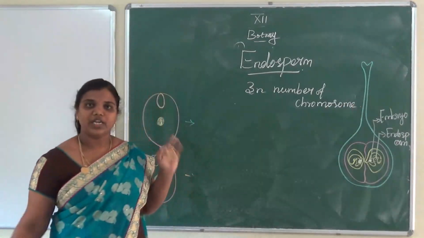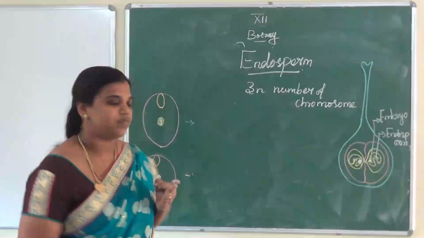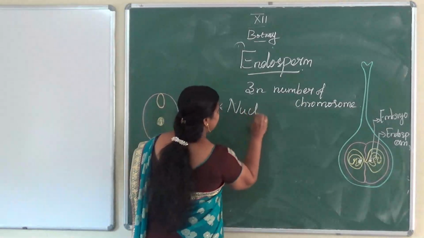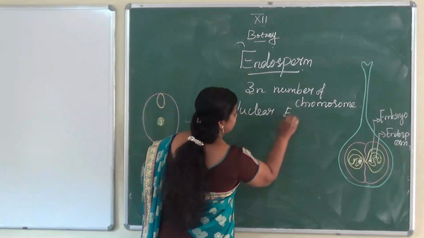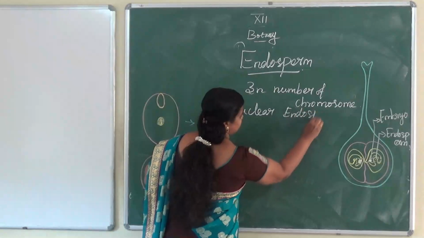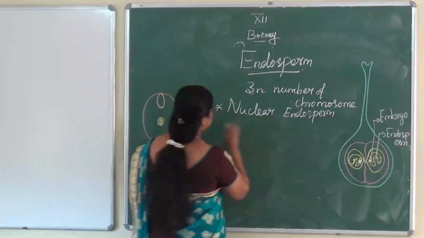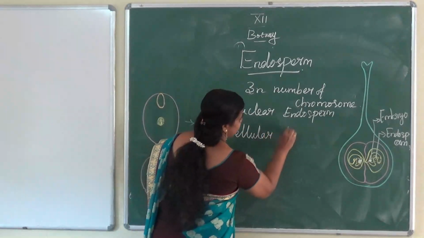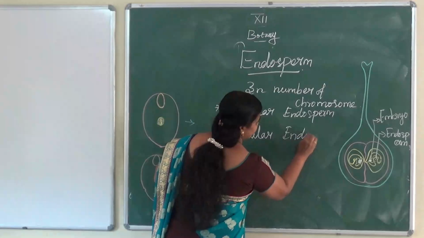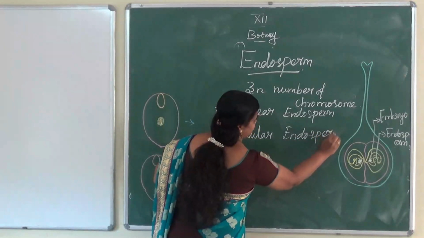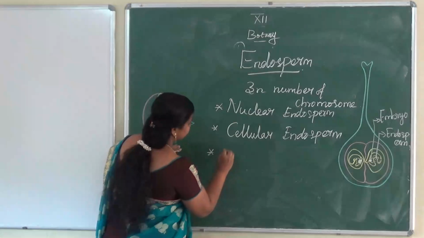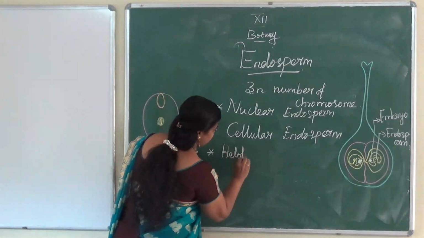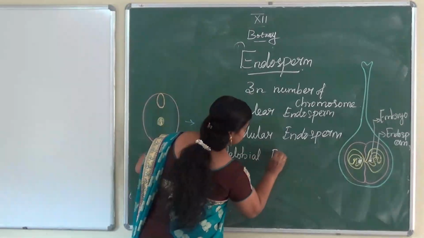And then that endosperm is divided into 3 types. One is nuclear endosperm, the second one is cellular endosperm, and the third one is helobial endosperm.